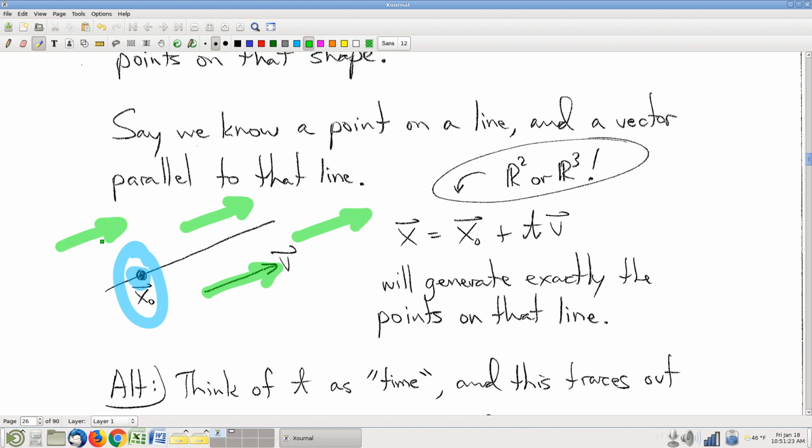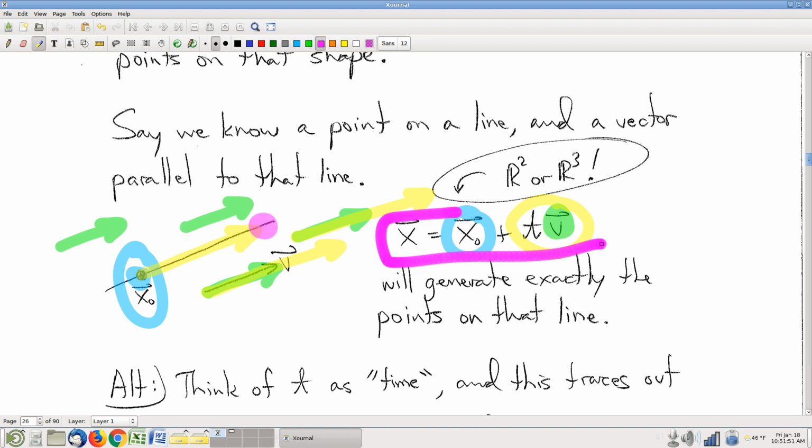So there's v. But I make the observation that this construction, by which you start with a point on the line and then you move parallel to the line by some distance, that point plus that parallel vector will give you another point on that line.